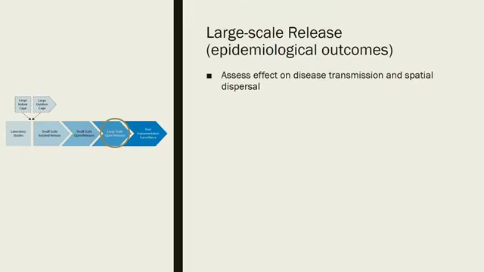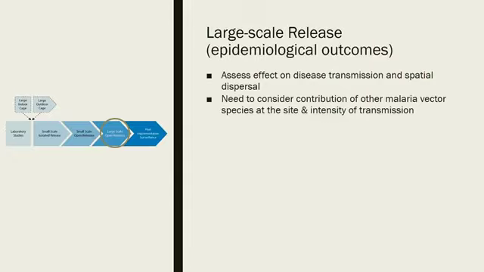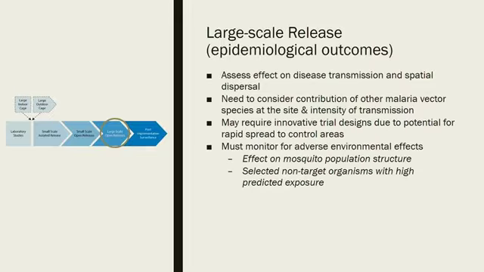Large-scale releases: here we're looking at the impact on disease transmission and spatial dispersal, and particularly what we're interested in here is not the effect on the mosquito, but whether it is reducing malaria infection and incidence in the local population. And we need to consider other malaria vectors. We need to monitor the effect on population structure and on non-target organisms.